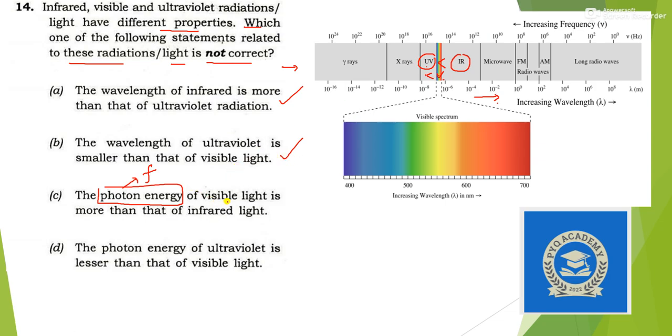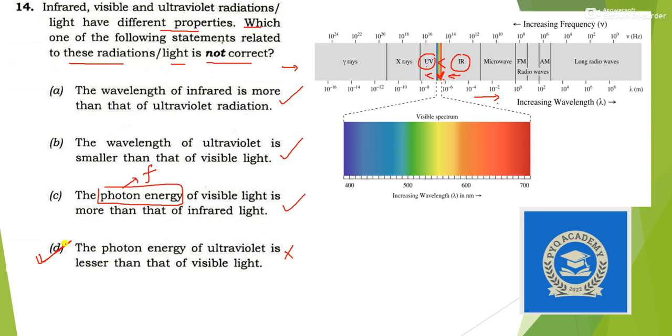Yes, frequency of visible light is more than that of infrared, so this is also true. Then photon energy of ultraviolet is less than visible. No, photon energy of ultraviolet is more than that of visible. So this is the wrong statement, and the question was asking about the wrong option. So our answer is option D.